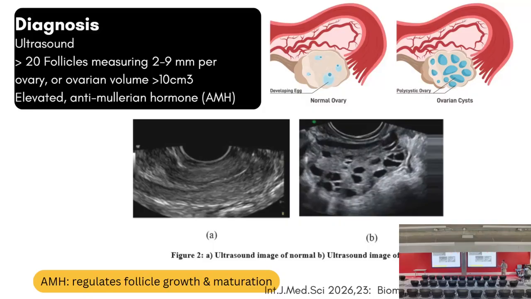So if we're falling within that category, then we can say that someone has at least one of the symptoms of PCOS on here. We also, again, can look for elevated amounts of anti-Müllerian hormone, so AMH as well can be another factor that we're categorizing here.